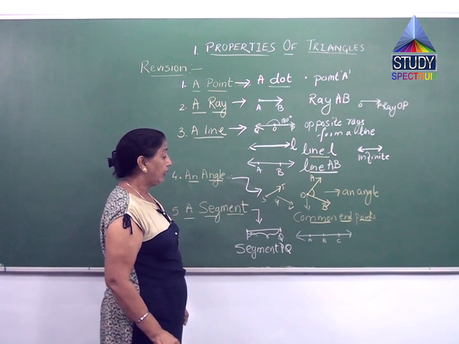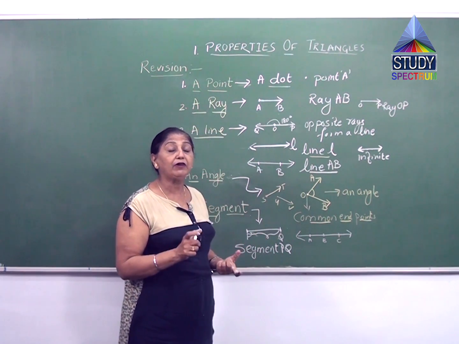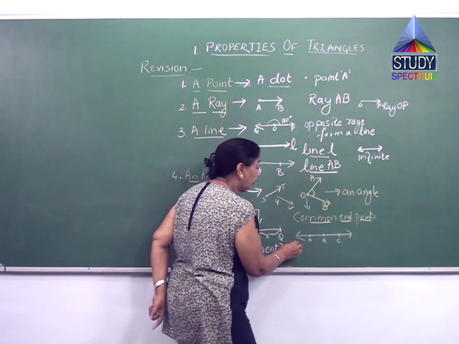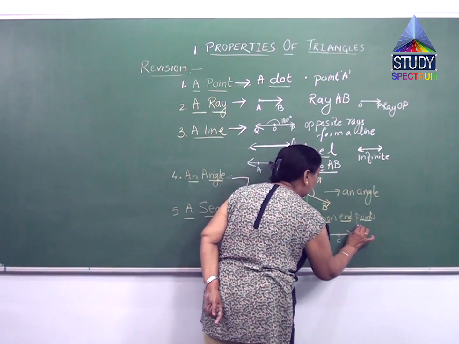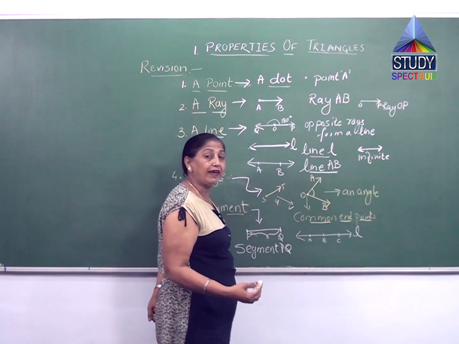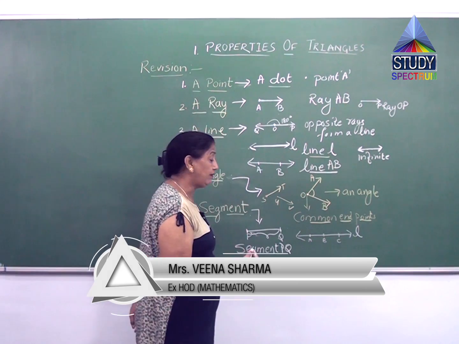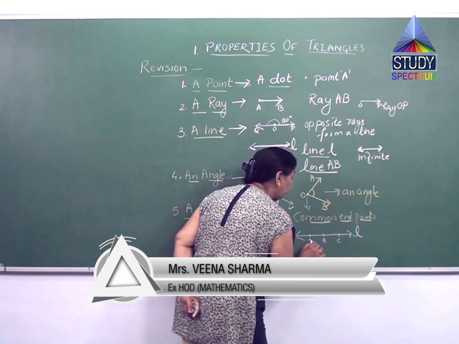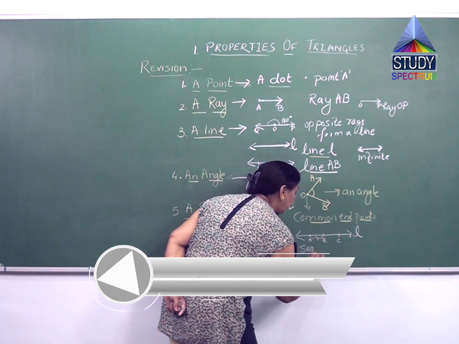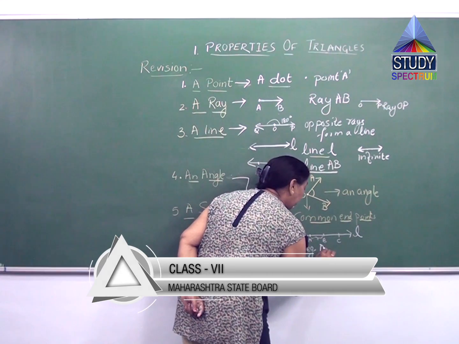Right? Now, as I said, a segment is a part of a line which has two endpoints. So look here, here is a line which passes through the points A, B, C. How many segments are there here? There are 3 segments. We can name them. This is a part of a line, AB, so in short you can write segment AB.